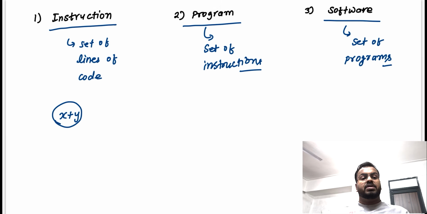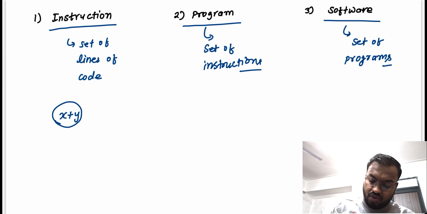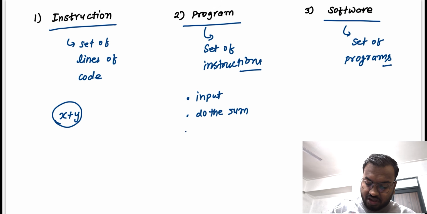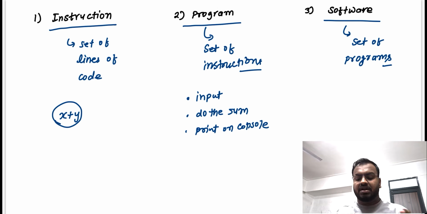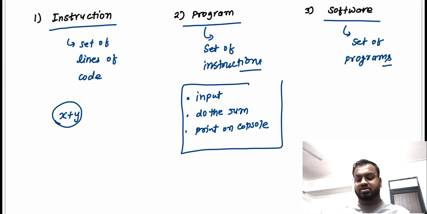Now, when we combine multiple such instructions, for example, I want to take input first, then do the sum, and then print the sum on the console. So what are these? These are instructions. And when you combine multiple instructions together, they become a program.